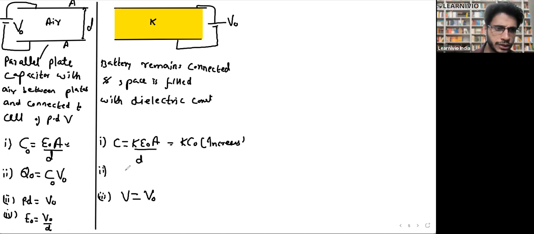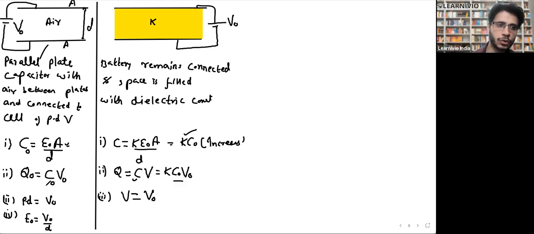If you want to calculate charge, then charge Q is equal to CV. How much is C? C is K times C naught. How much is V? V is V naught. So you can write this as K times C naught V naught.